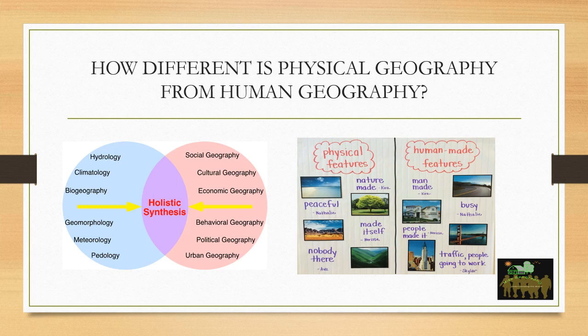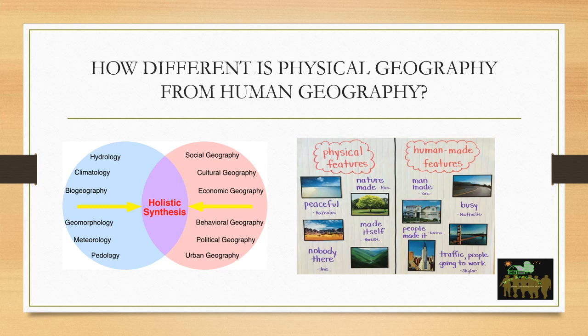So you can see that the natural environment is more physical related, and then human geography has to do with human beings relating with this environment or dwelling in this environment.